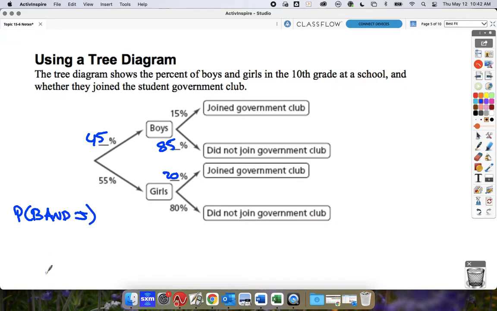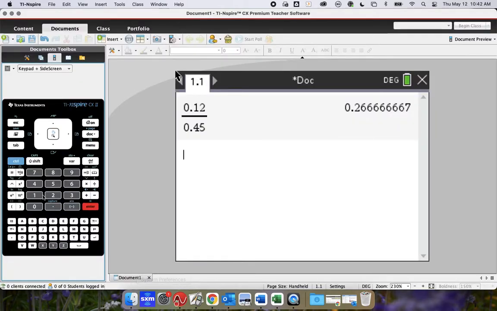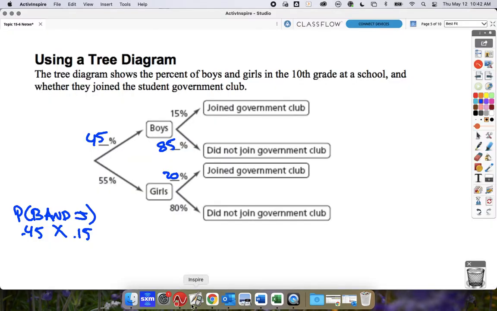What does "and" mean? So the probability that you're a boy and how many boys join the club. So this is an "and" statement. The probability that you're a boy and you join the club is 0.45 times 0.15. So that's 6.75%.